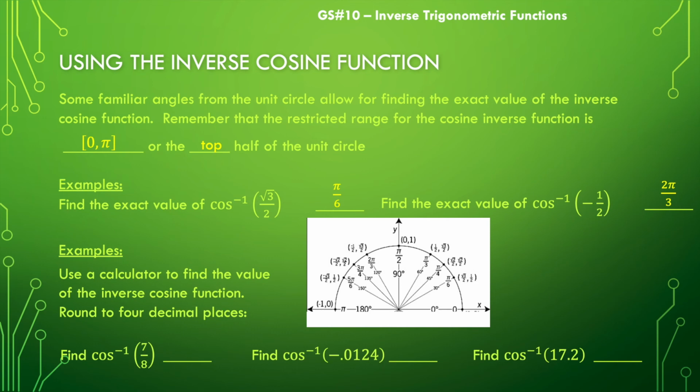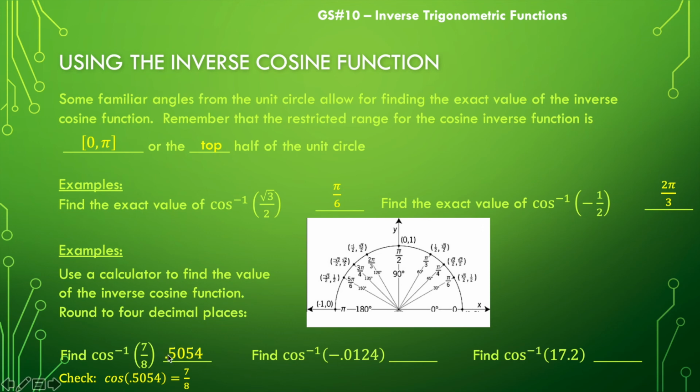So remember that cosine inverse will be found on your technology as the second function on your cosine. So you're just going to put second cosine and then 7 over 8. And you're going to make sure that your calculator is in radian mode, and we're going to go ahead and pull what comes out.